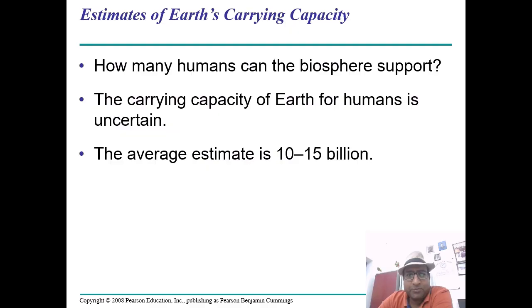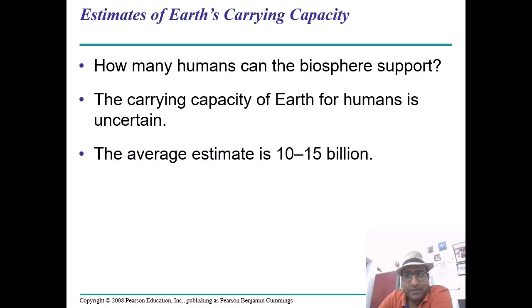So how many humans can the biosphere support? How many people can live in this world? How many individuals can be supported? Now we are about 7 billion people on the earth. The carrying capacity of the earth for humans is uncertain. It is still not known how many humans can be accommodated on the earth.